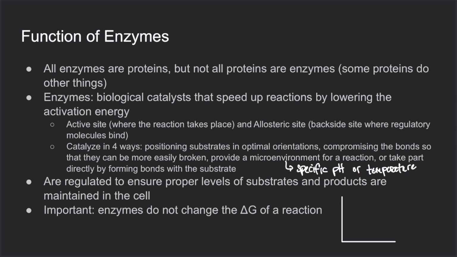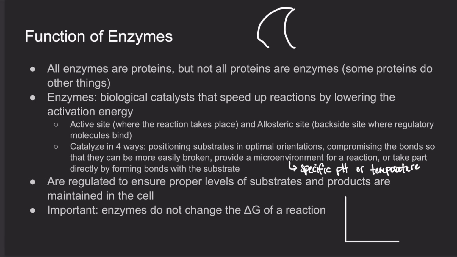Okay? The enzymes can also, for third thing, provide a micro environment for a reaction, meaning you have it occur at a specific pH or temperature. So essentially in this active site, let's say this is the active site, you might have a pH of 9, whereas the rest of the cell you might have a pH of 4.